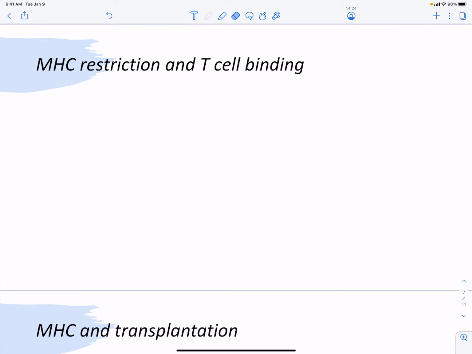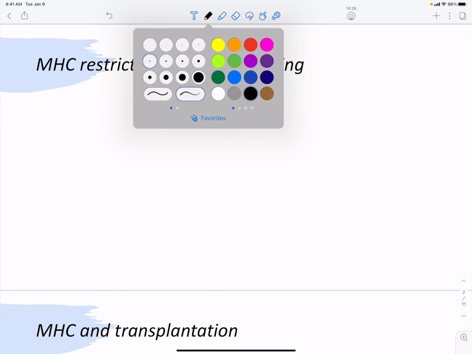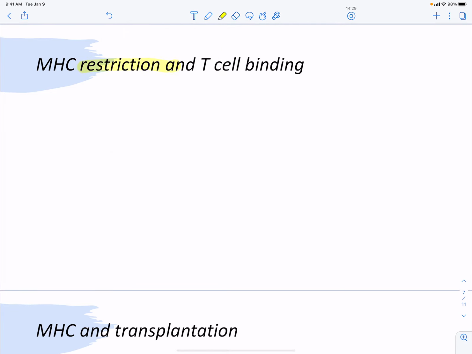All right, so another concept to talk about is restriction binding. One thing that came about with respect to transplants is that it wasn't just that MHC was recognizing antigens. It was that your T cell receptor was recognizing MHC. So the restriction of T cell binding is to self-MHC.